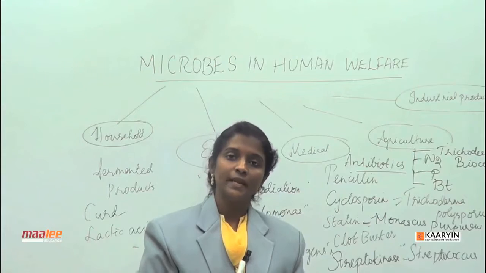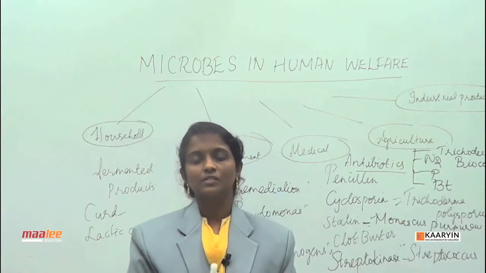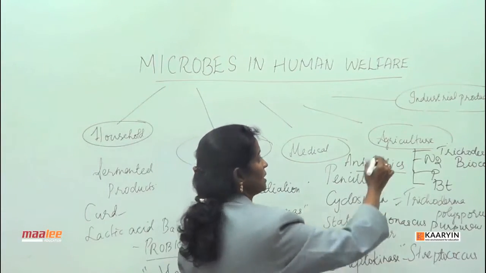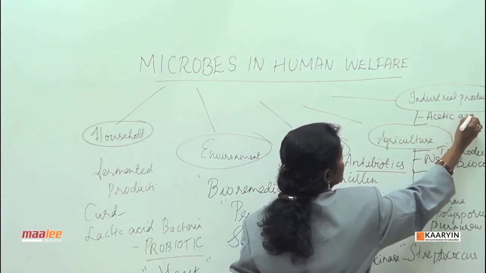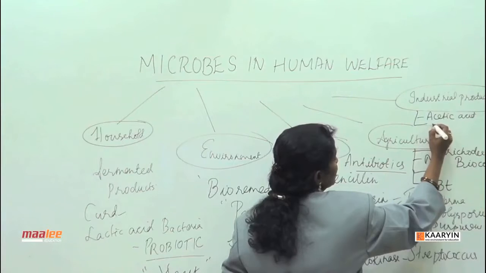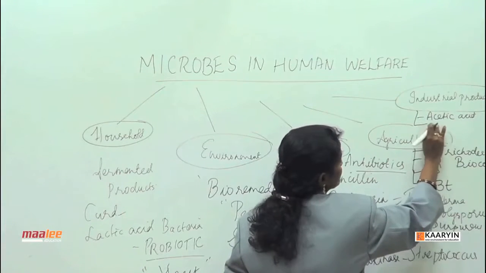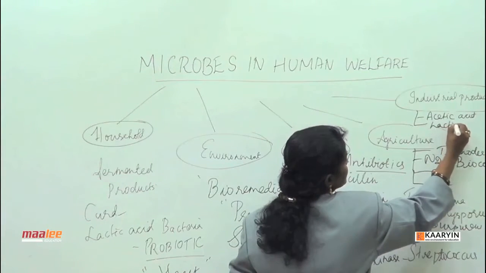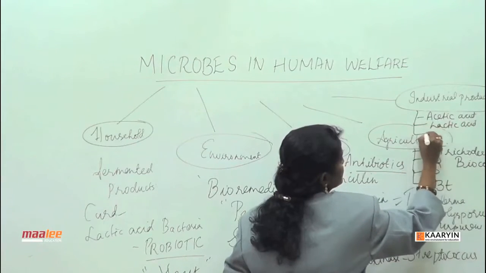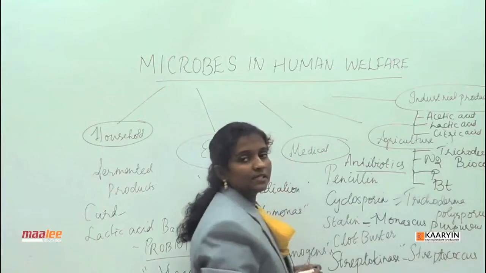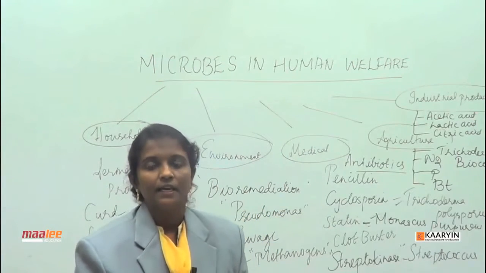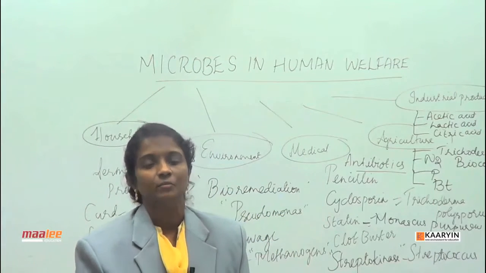then we also have citric acid production from Aspergillus niger. So, we have citric acid, acetic acid, and lactic acid production. Organic acids are produced from these microorganisms: lactic acid, citric acid, propionic acid. Acetic acid is from Acetobacter aceti and lactic acid is from Lactobacillus bulgaricus.